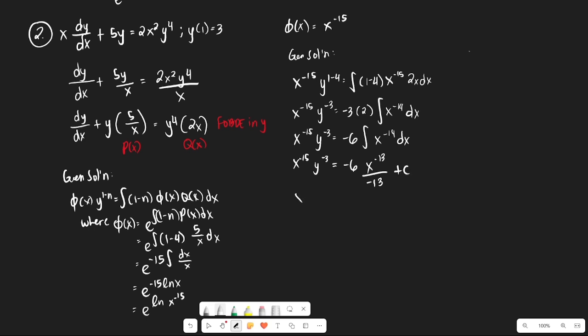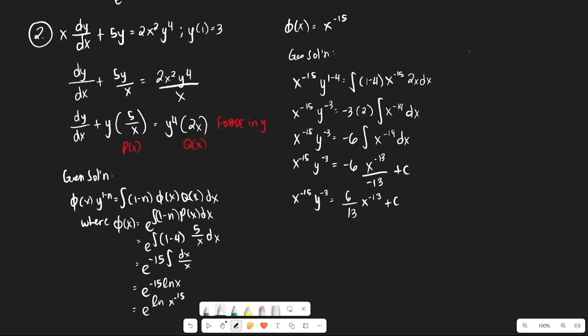So you're gonna have x raised to negative 15, y raised to negative 3 times 6 over 13 x raised to negative 13 plus c. Now the next step would be to isolate y.